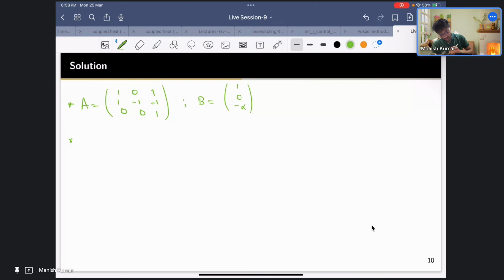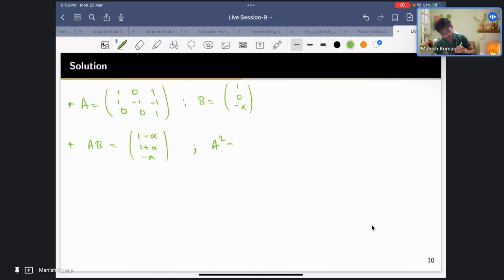Now let us calculate AB, and then we'll see A square B. So AB is (1, 1 plus alpha, minus alpha).